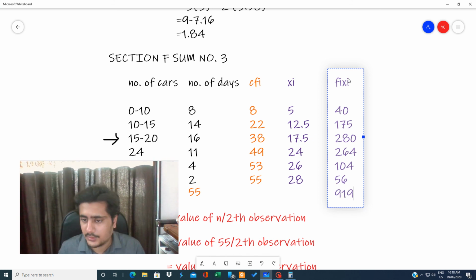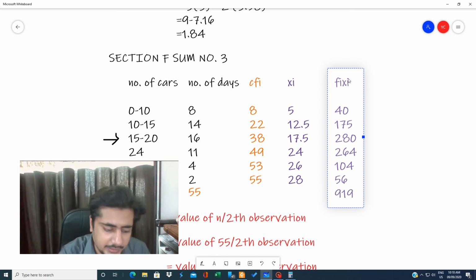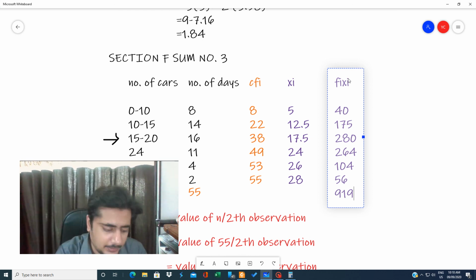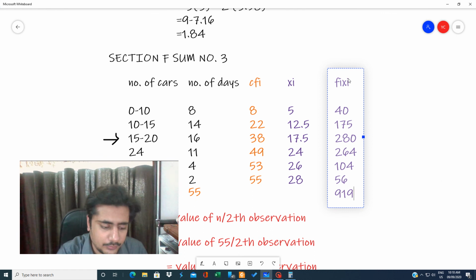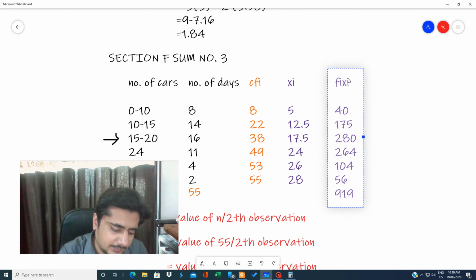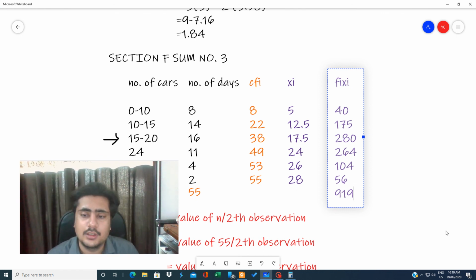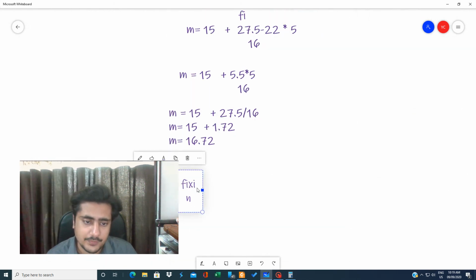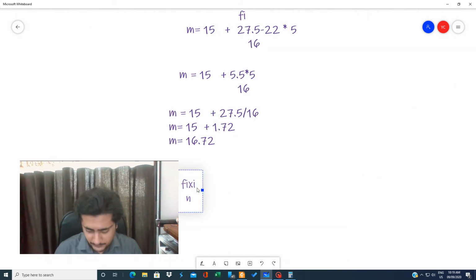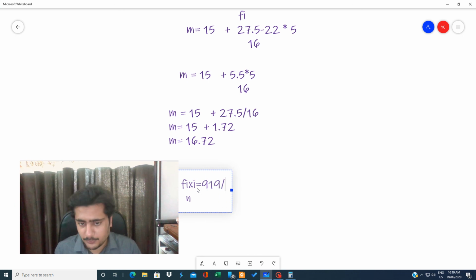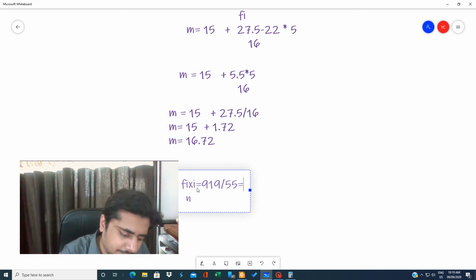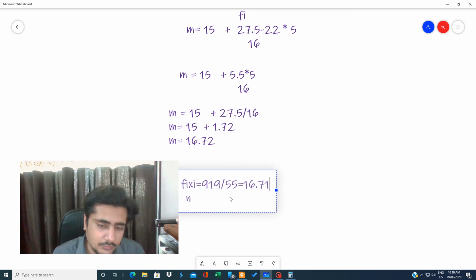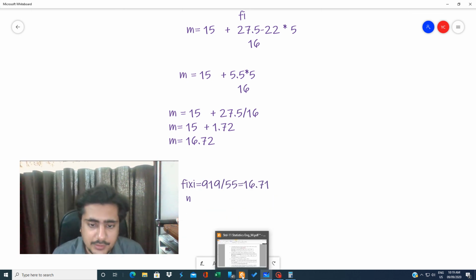Let us take the total: 40 plus 175 plus 280 plus 242 plus 100 plus 54. Now the total of f is 55. So your mean should be 919 upon 55. So the answer is 16.71 if you round off.